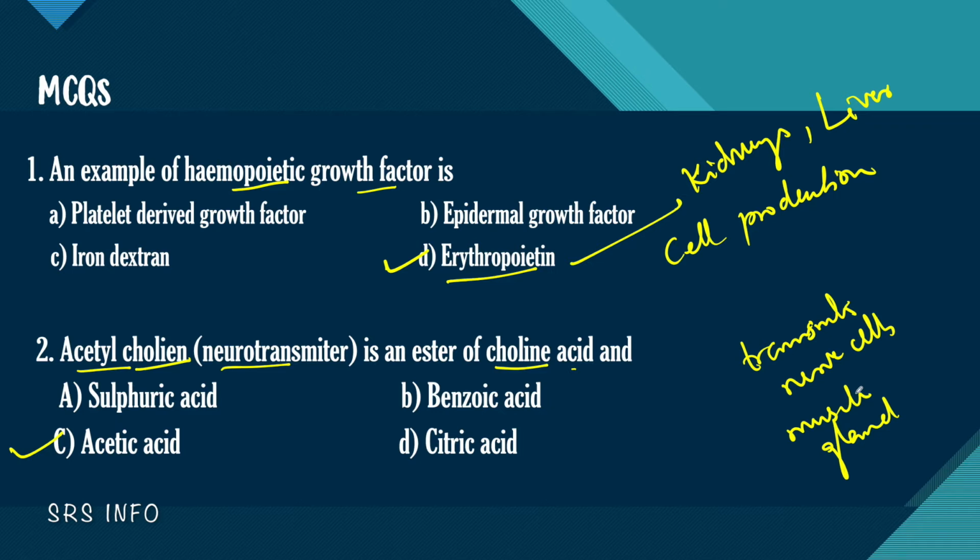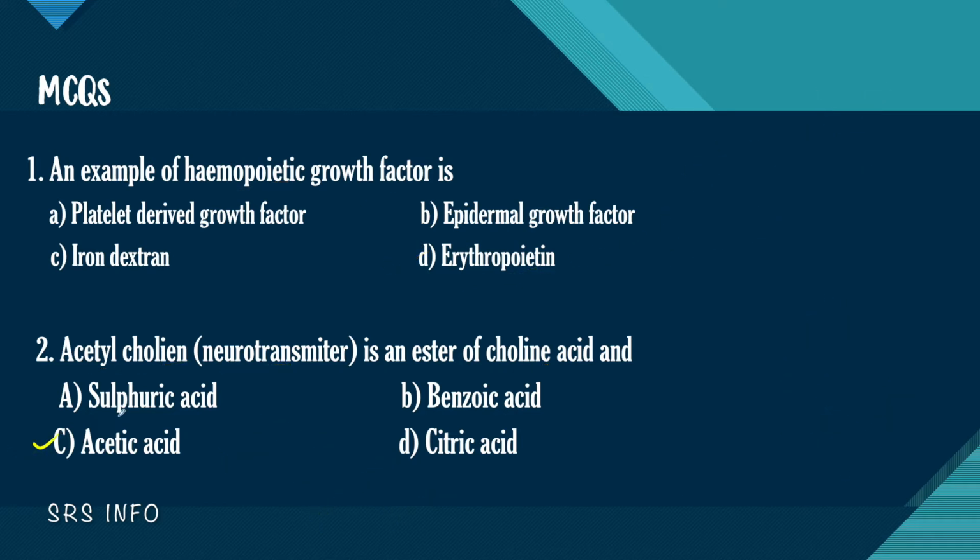So acetylcholine is a neurotransmitter which is an ester of choline, acid and acetic acid. Okay, and it contracts the smooth muscles and dilates the blood vessels and increases the body secretions and slows the heart rate.